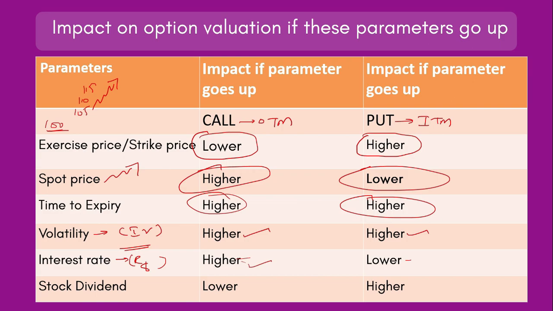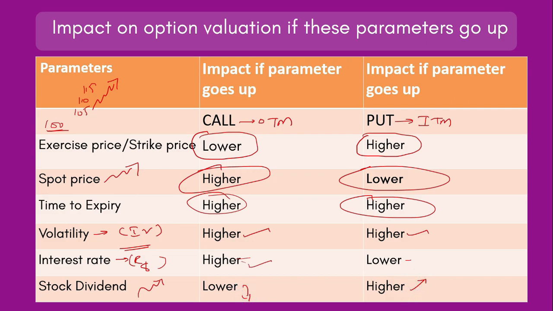Similarly, when we talk about stock dividend, whenever a dividend is announced, the stock falls by that amount. Suppose a stock of 100 rupees announces a dividend of 2 rupees, the stock is expected to fall by almost 2 rupees. If it is announcing a dividend of 5 rupees, the stock is expected to fall by 5 rupees. So the higher the dividend, the more the fall, so the call would go down and the put would go up.